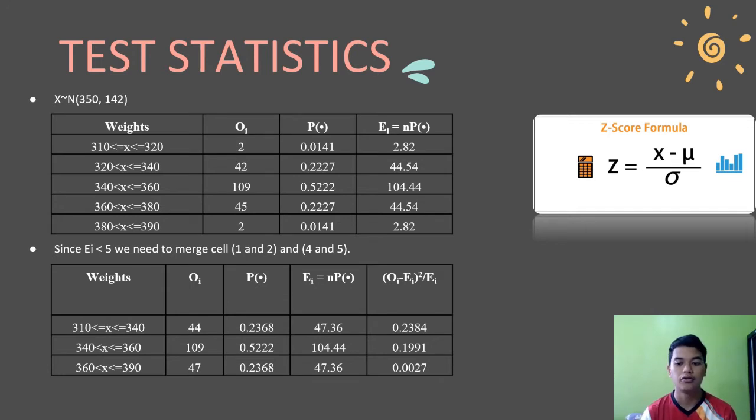Since the EI we get is less than 5, we merge cells 1 and 2 and 4 and 5 to get only 3 categories. Then we get (OI minus EI) squared divided by EI, and we add the 3 values to get the X-squared test.